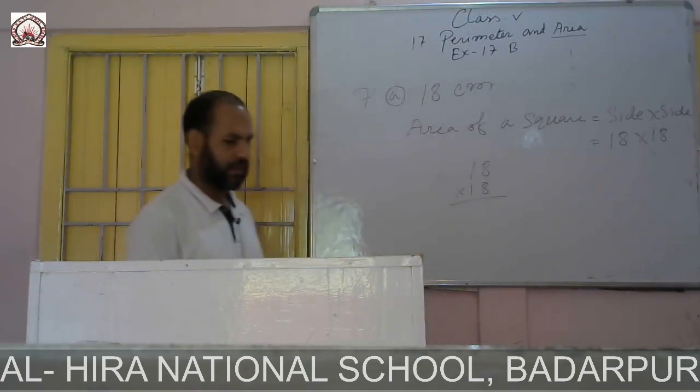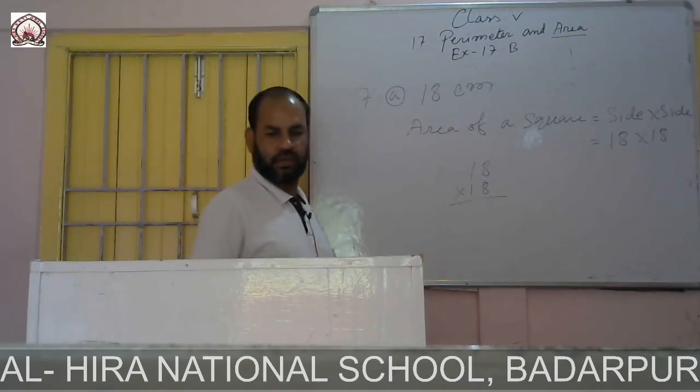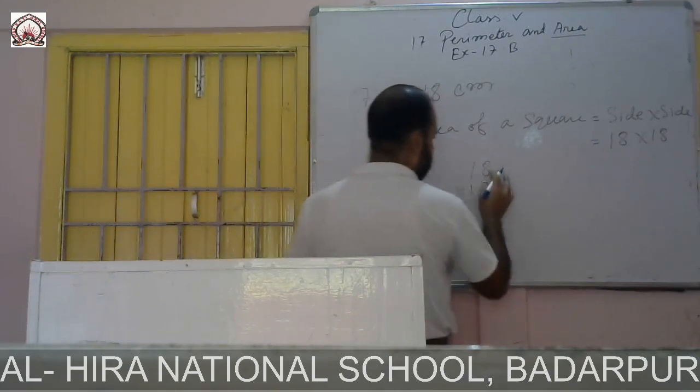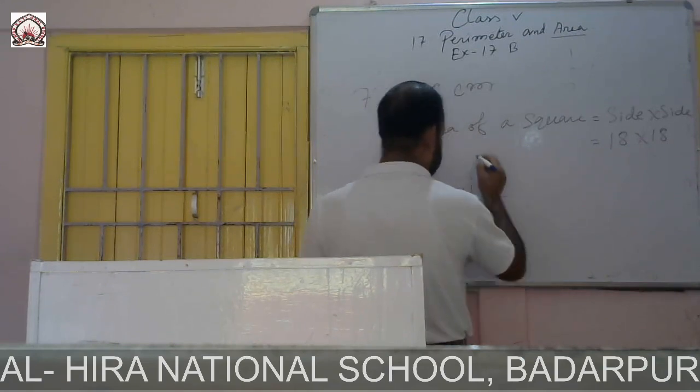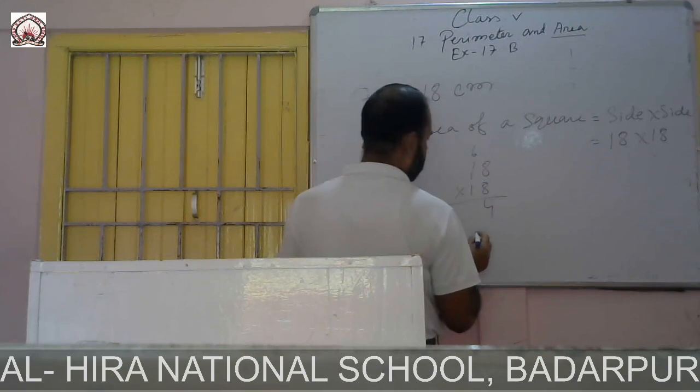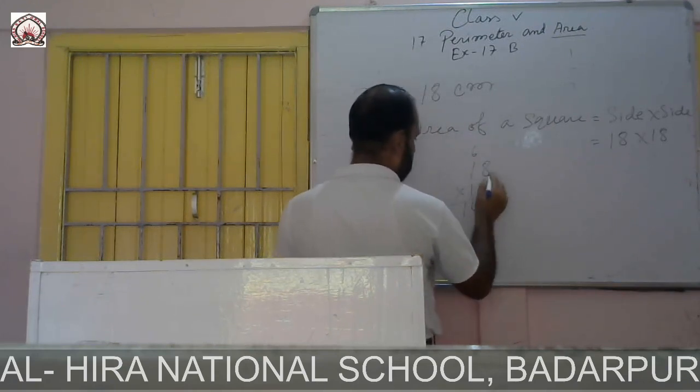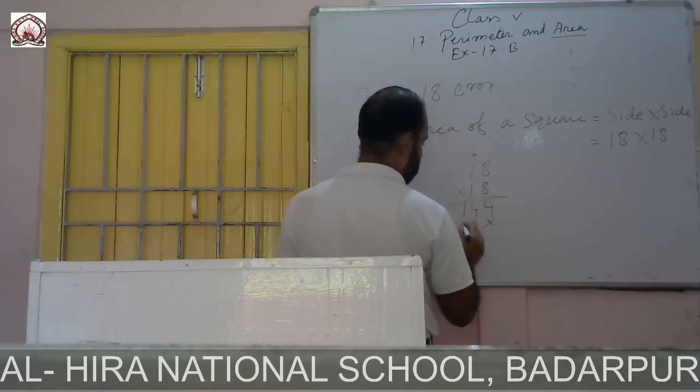So 8 times 8 is 64, 4 and 6 in my hand, 8 times 1 is 8 plus 6 is 14. Next 1 times 8 is 8, 1 times 1 is 1.